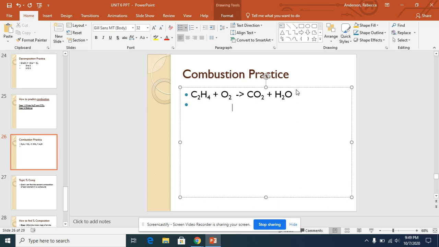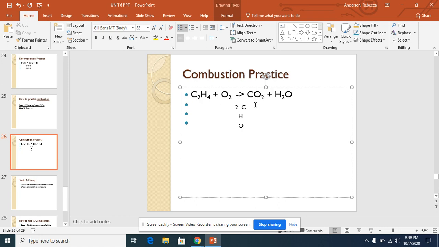Now with these, combustion reactions can tend to be a little bit harder to balance than all the others. The trick is, if you have an element like oxygen here on this side that's in more than one spot, save that for last, because most of the time it'll kind of work itself out and it'll make your math not as difficult. So on this side for carbon, we have 2 because of that 2 subscript.